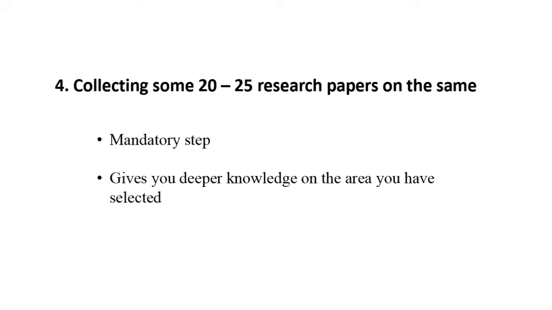You need to go through similar research papers, collect 20 to 25 papers, and go through all of them. Then you will have a very clear picture of what should be included, excluded, and what new methods you have to bring in. This is one of the mandatory steps.